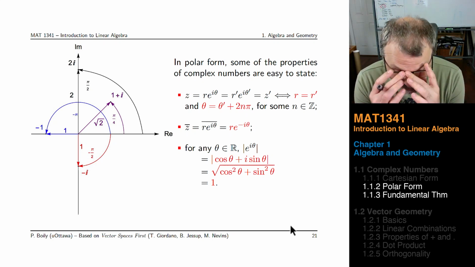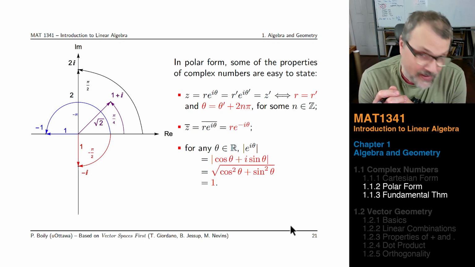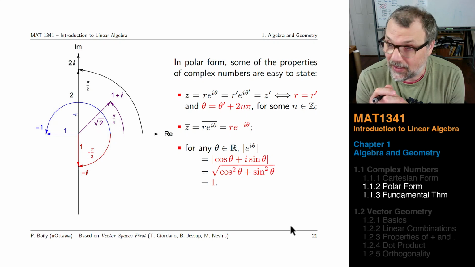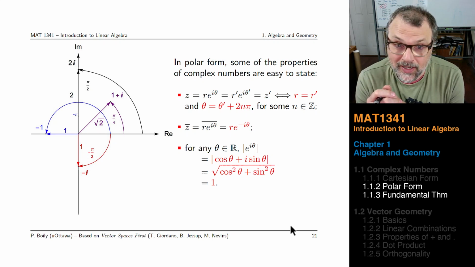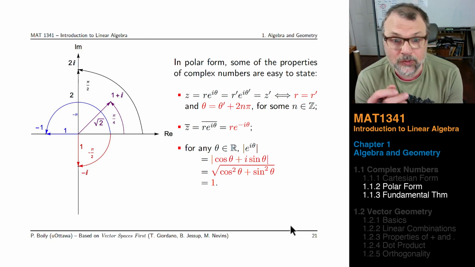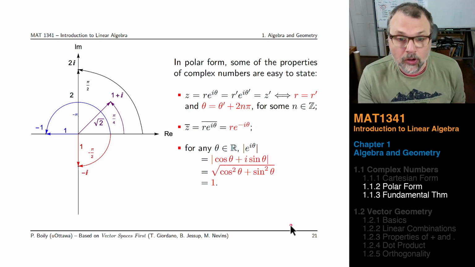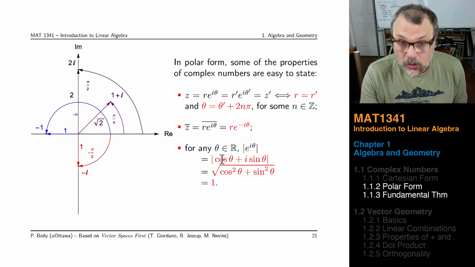One nice property of complex forms as well is that the absolute value, the modulus of e to the i theta, is equal to 1. Cos theta plus i sine theta in absolute value is equal to 1. Why do I know that? Well, if I write it in Cartesian form, e to the i theta is cos theta plus i sine theta, and there's my real part, cos theta, and my imaginary part, sine theta.